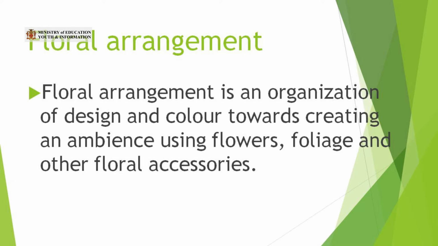The first thing that we need to know about floral arrangements is what is it? A floral arrangement is an organization of design and color towards creating an ambience using flowers, foliage, and other floral accessories.